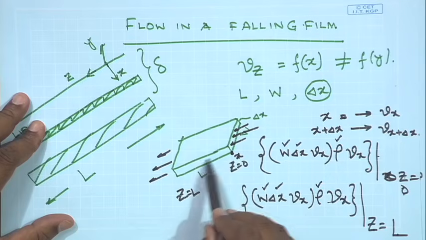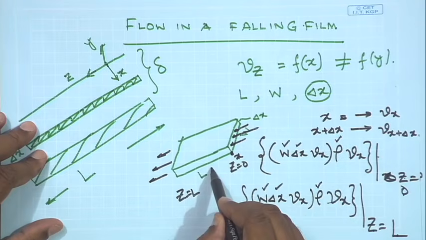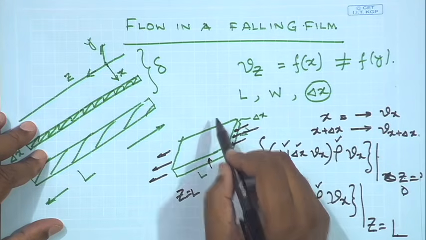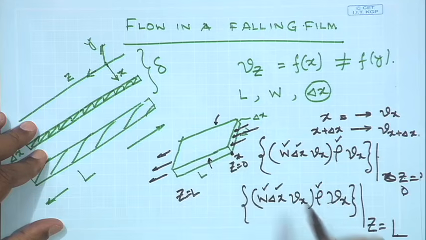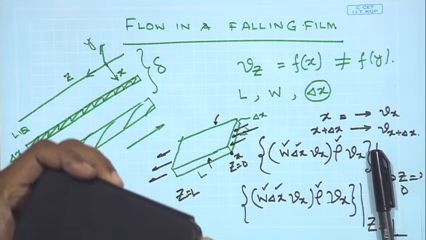Now, this face being perpendicular to the direction of flow, no liquid enters through this, similarly no liquid enters through the side, and if it is one dimensional flow, then liquid can enter only through this face, it cannot enter through this, this or this.